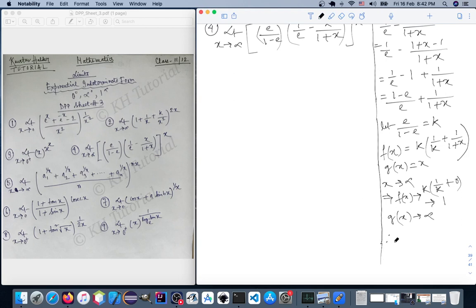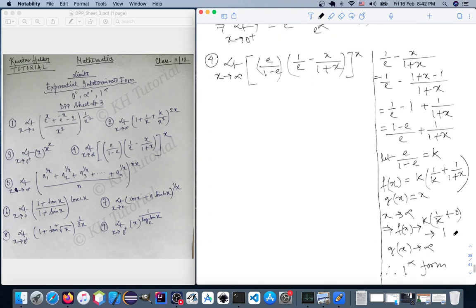Therefore we have the 1 to the power infinity form. So now we directly apply the direct formula for 1 to the power infinity.